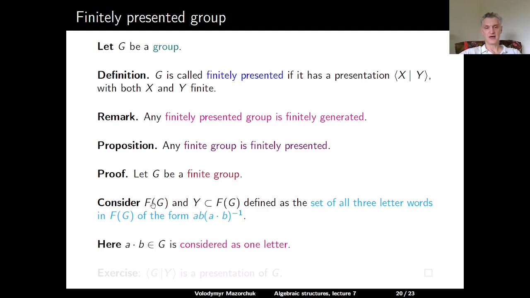So here a and b are elements in G, and a times b is also one element in G. So this is a three-letter word. And of course, since G is finite, there are finitely many such words. And it's easy to check that this presentation indeed gives us our group G back. And that's a finite presentation. So any finite group is finitely presented.